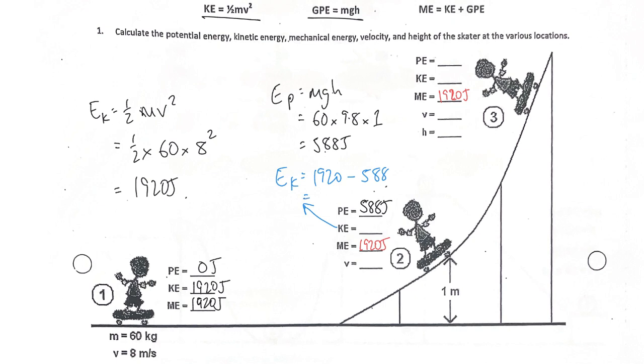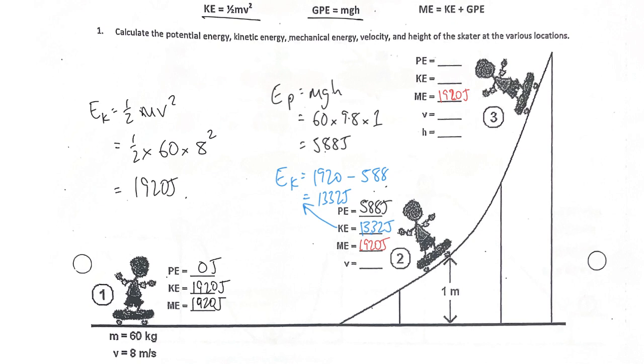So what's 1920 take away 588? It's 1332 joules.